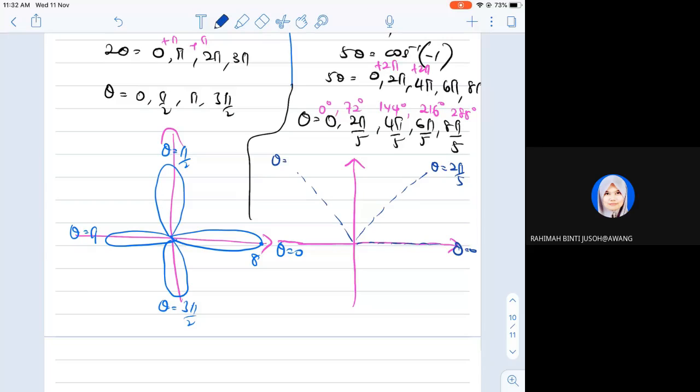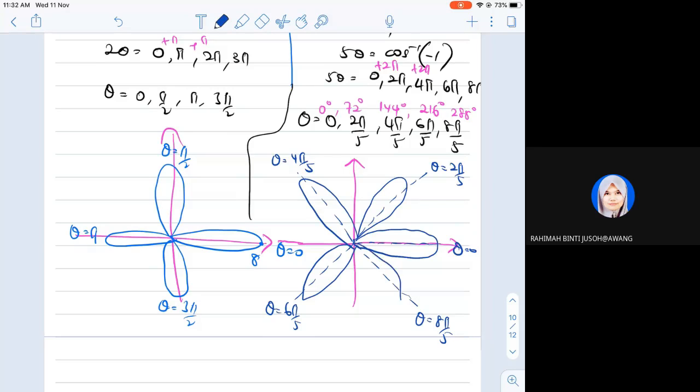Theta equals 4 pi over 5. And then theta equals 6 pi over 5 in the third quadrant. And then theta equals 8 pi over 5 should be here. Therefore, the positions should be 1, 2, 3, 4, 5.